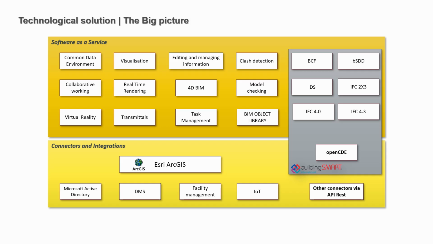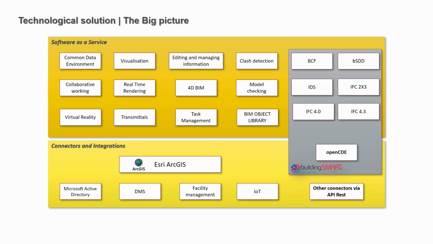All these features are designed to operate seamlessly with standard formats developed by buildingSMART, including IDS and IFC, supporting all three official versions, 2.3, 4, and 4.3. Furthermore, the solution incorporates other widely recognized standards like BCF, enabling efficient collaborative workflows across teams and stakeholders.